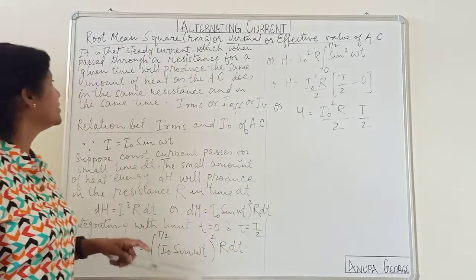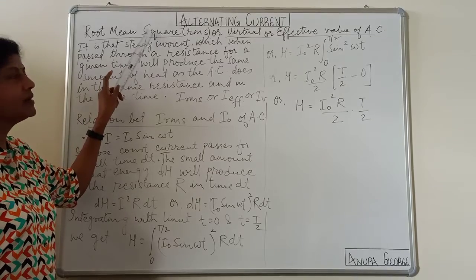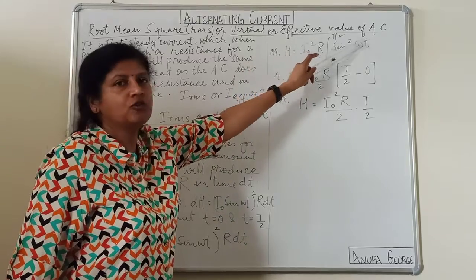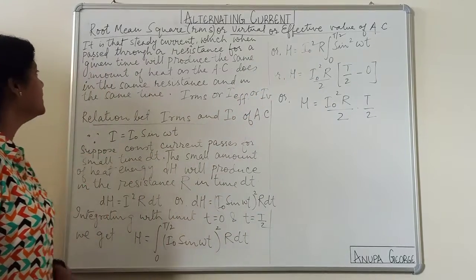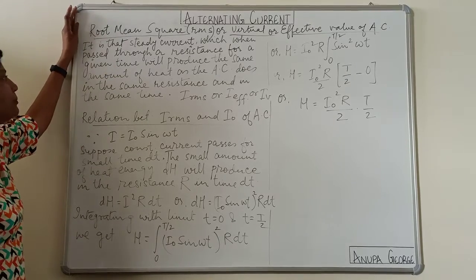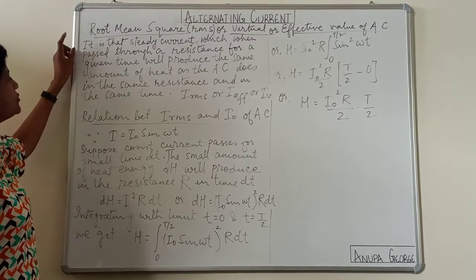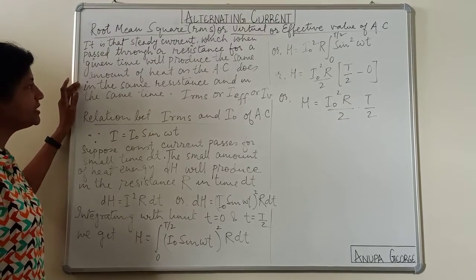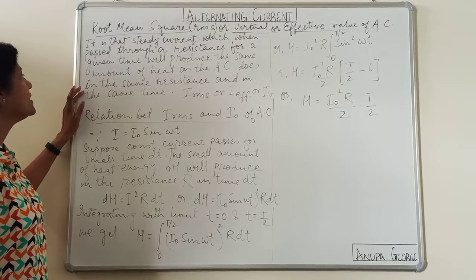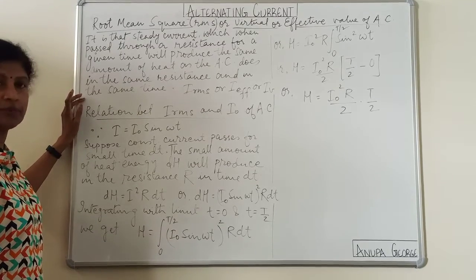Now, students, we will calculate root mean square, RMS, or virtual or effective value of AC. See, it is that steady current which, when passed through a resistance for a given time, will produce the same amount of heat as the alternating current does in the same resistance and in the same time.